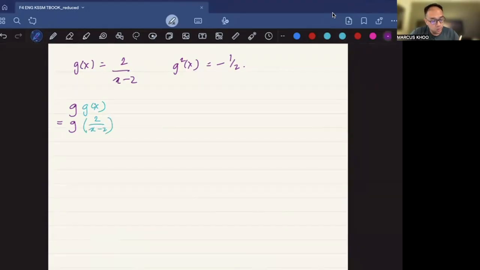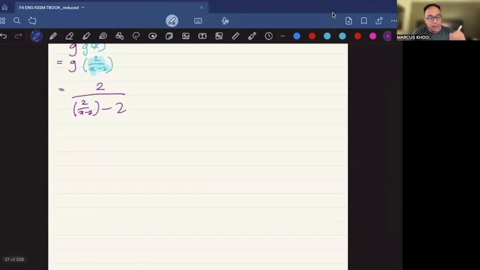And so what will happen is you're going to put, once again, the same thing. Sorry. Here is the object, our new object. So when we put this in, this will give us 2 over 2 over x minus 2, minus 2. Obviously this is a complicated situation, so let's settle the bottom part first.